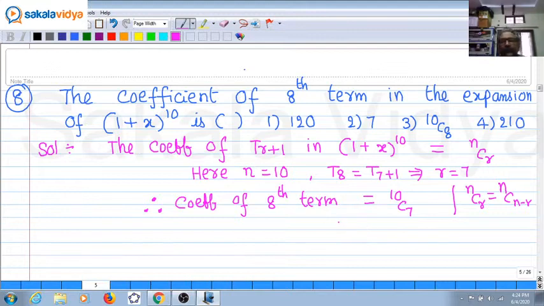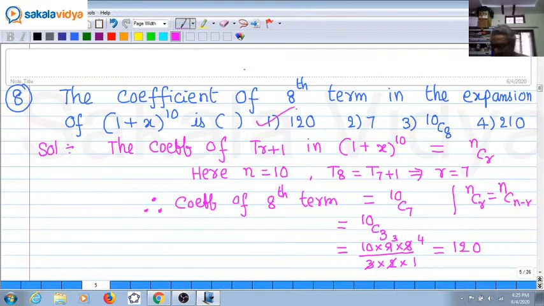So now this equals 10C, 10 minus 7 is 3, 10C3. 10C3 equals 10 into 9 into 8 upon 3 into 2 into 1. 3 2s are 6, 3 3s are 9. 12 into 10, 120. That means first option is the right option.